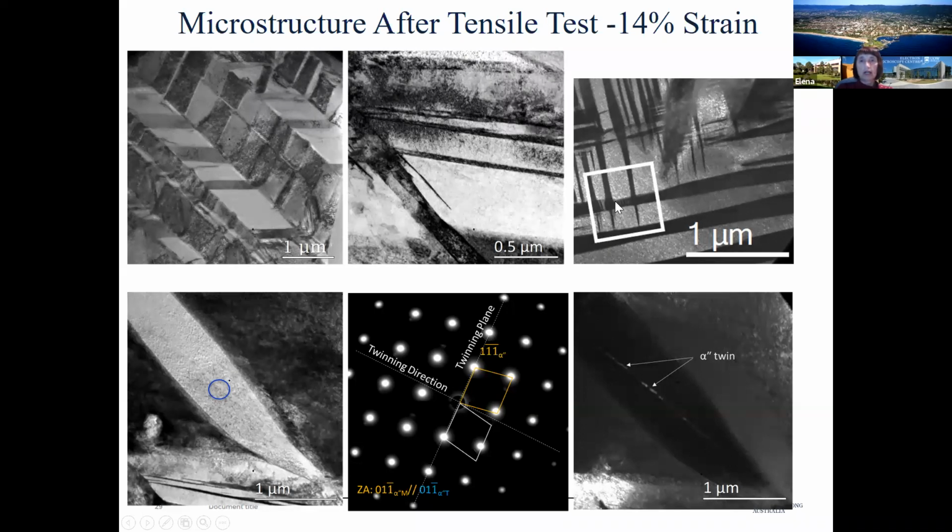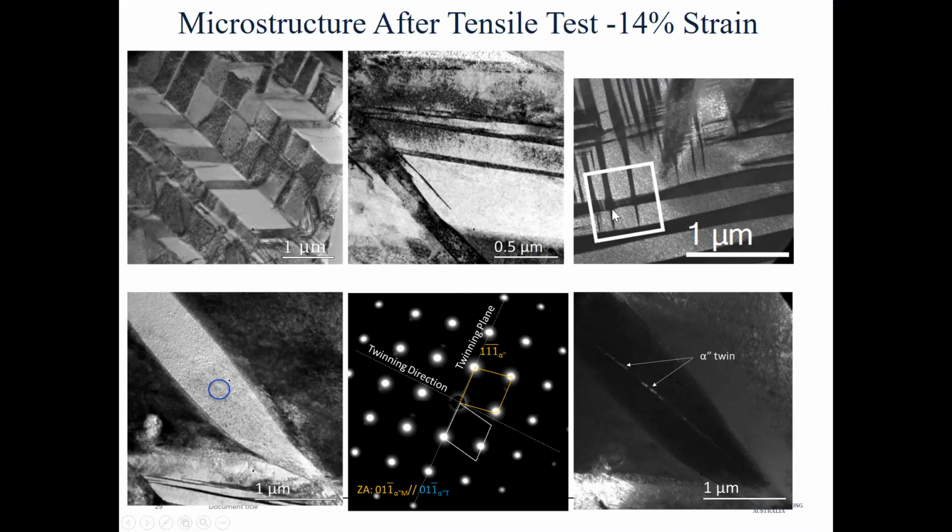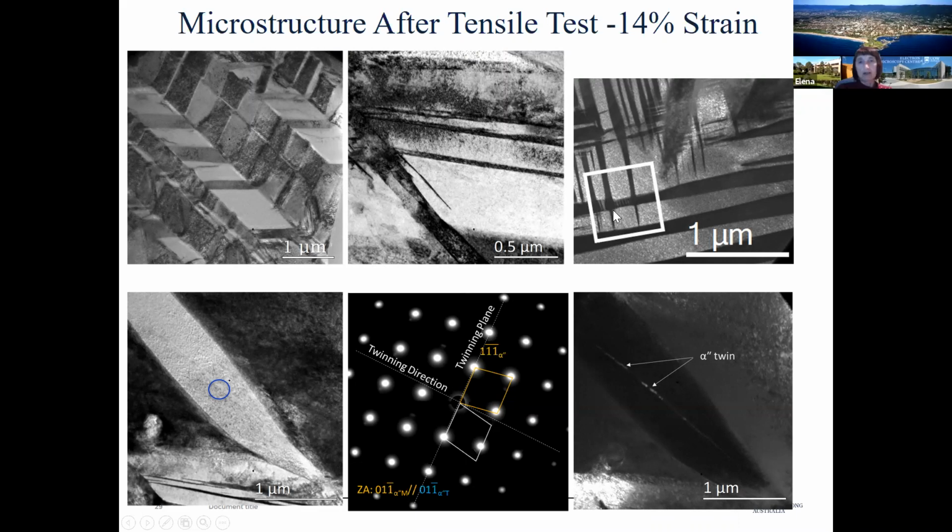I would like to draw attention to this intersection, where the second variant is coming, the ones that are forming a grid, and it's crossing one of the plates, but it stops with a bit of bulging here, and it's not really propagating through. It's due to the strain within this plate. The next plate is really nucleated at the other side of this Martensite plate and starts growing.